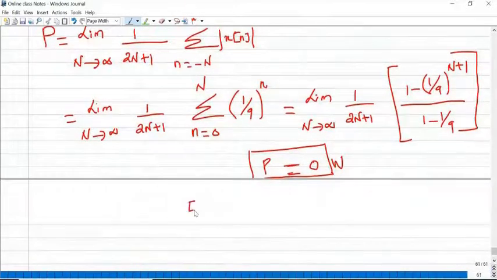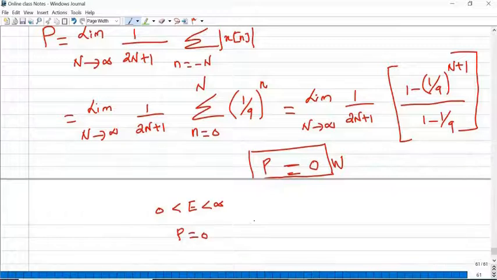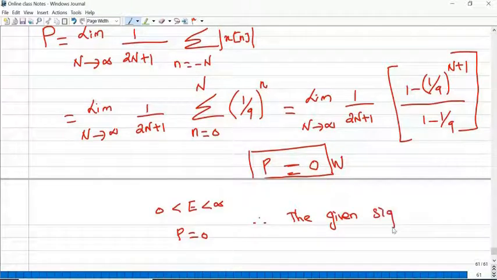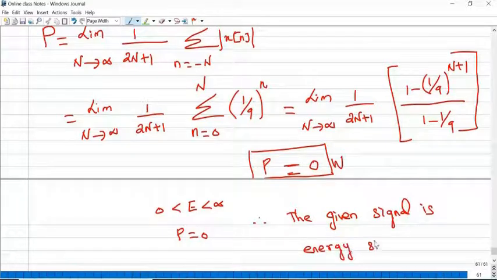For the given signal, the energy value is finite and power value is 0. Therefore, the given signal is energy signal.